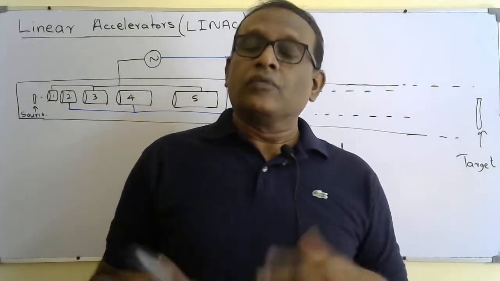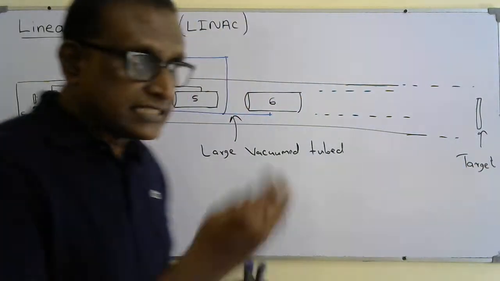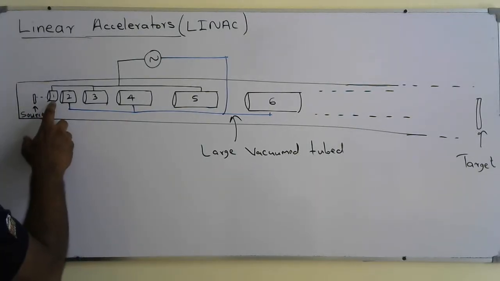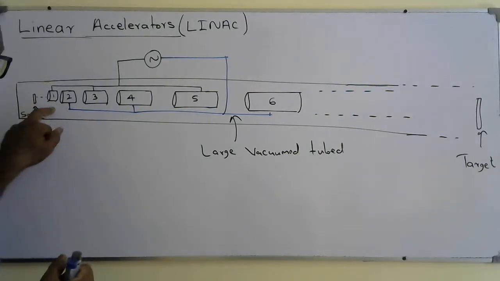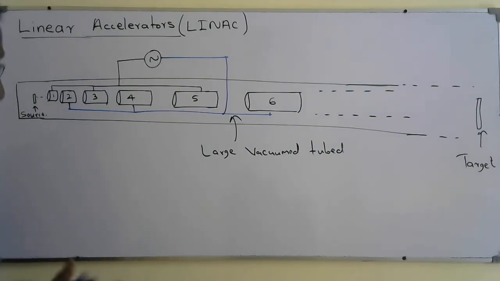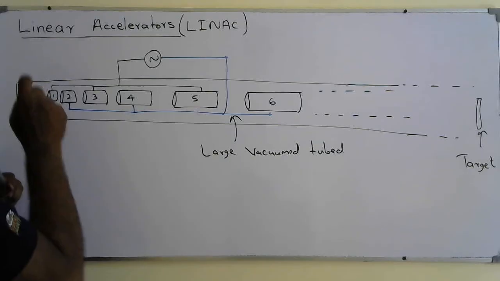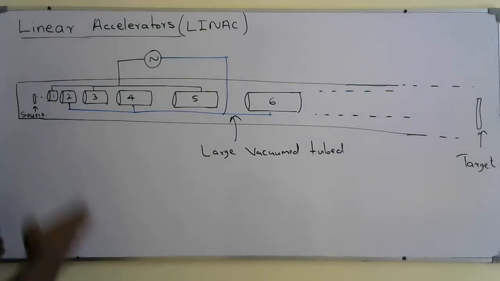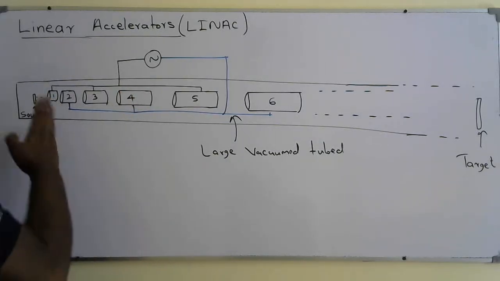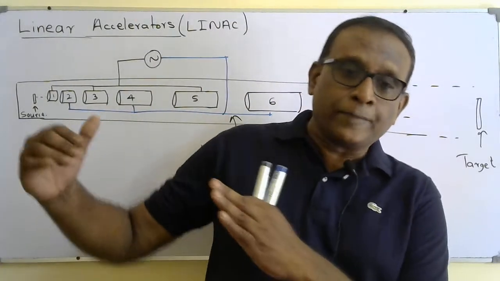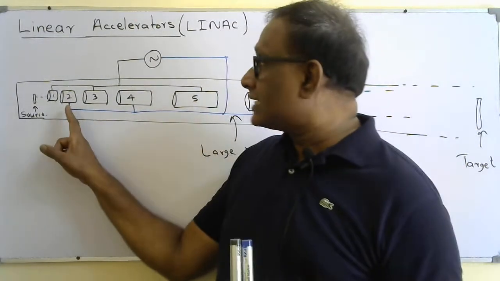Say it is a proton that we are accelerating. When the proton crosses the gap between the first and second drift tubes, the first drift tube will become positively charged and the second drift tube will become negatively charged. So the electric field will be from positive to negative. The proton is a positively charged particle, so it will be accelerated towards the second drift tube.